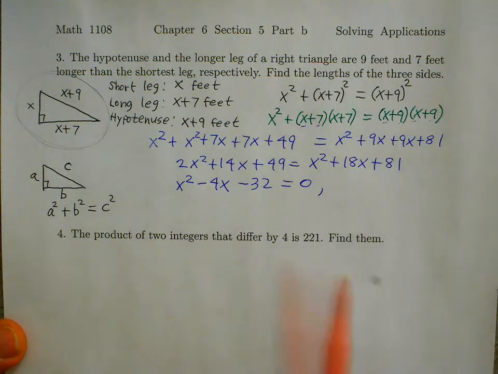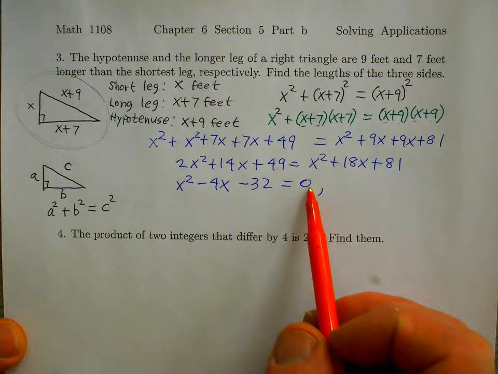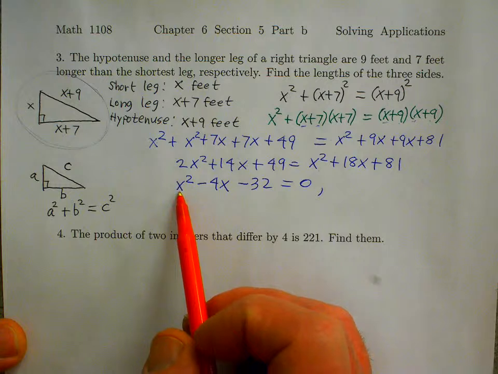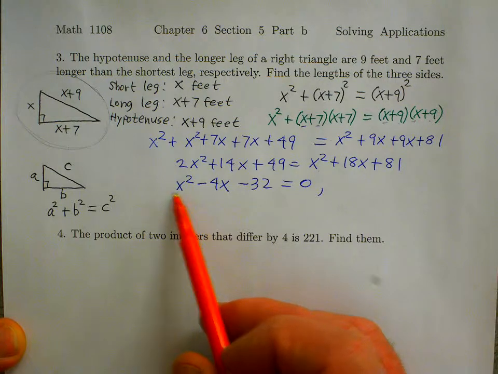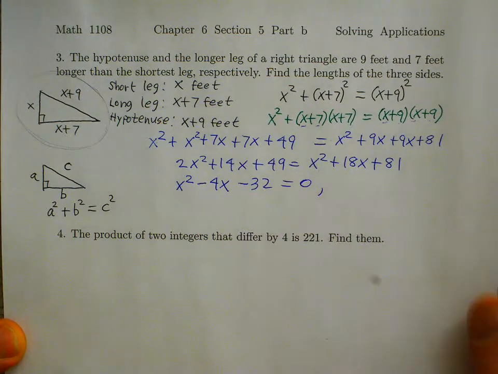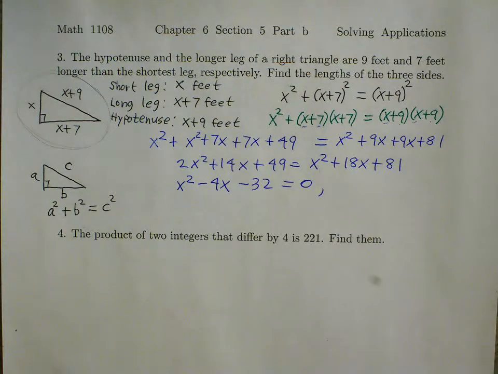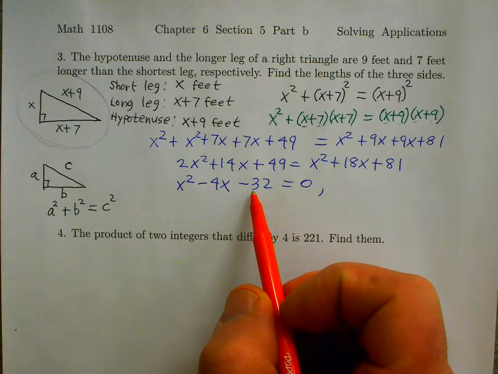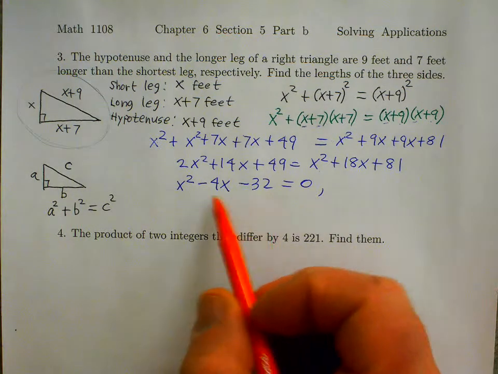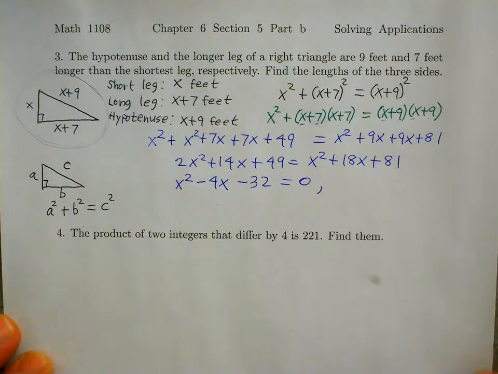The abbreviated AC method can be applied when one side is 0 and the coefficient of the x squared term is 1. Okay, so 1 times negative 32 is negative 32. Two integers that have a product of negative 32 and add up to negative 4 are negative 8 and positive 4.